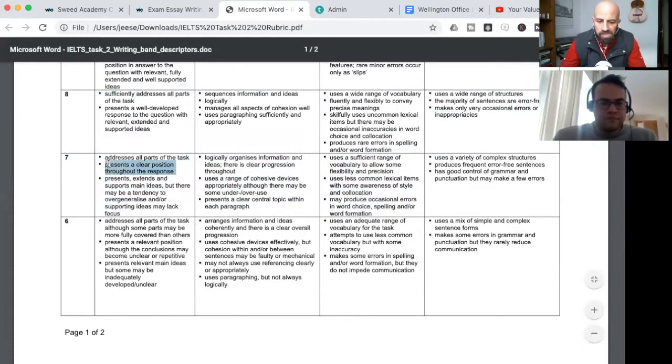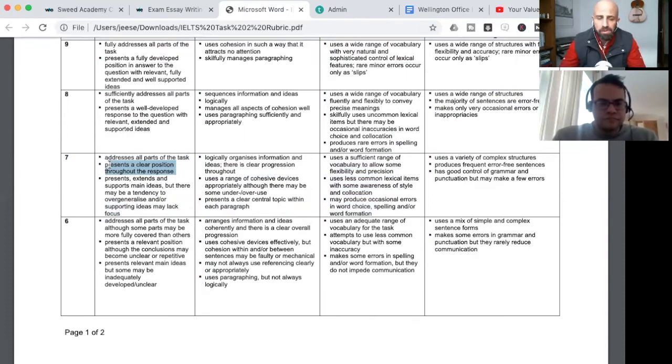Presents a clear position. I should know exactly what your opinion is in answer to the question. Presents and extends and supports main ideas, but there may be a tendency to overgeneralize, and or supporting ideas may lack focus. So, how do you understand that?